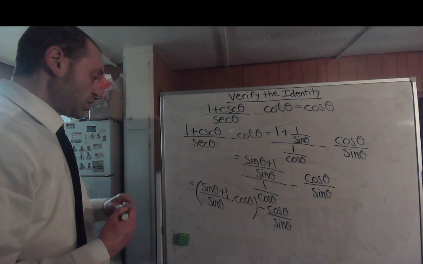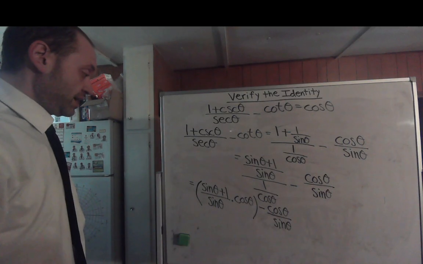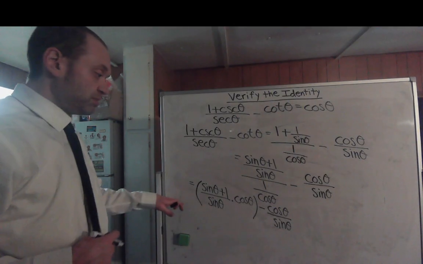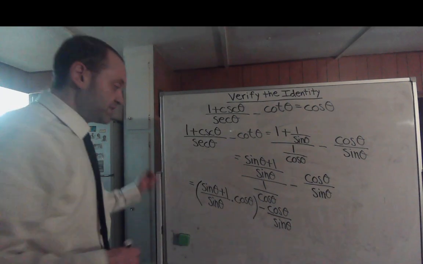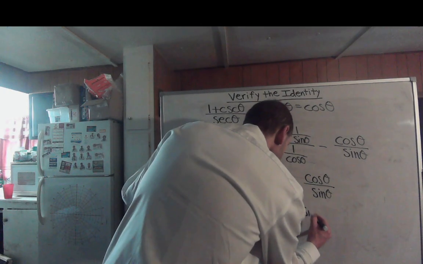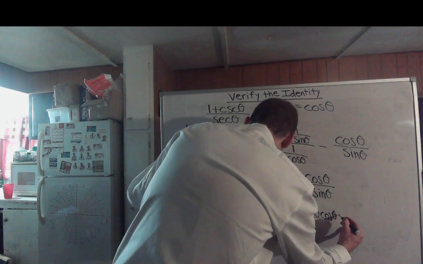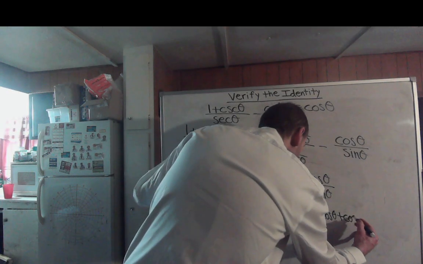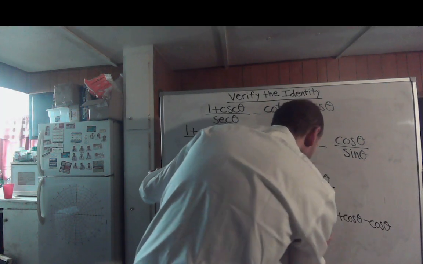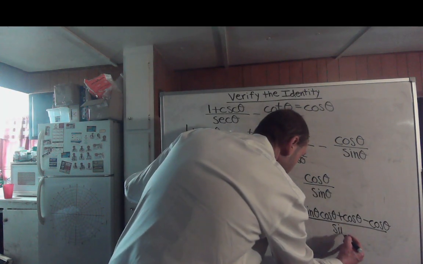All right, so let's see what you get here. So when you simplify this out, these actually all have the same denominator. You're going to end up getting sine of theta cosine of theta plus the cosine of theta minus the cosine of theta all over the sine of theta.